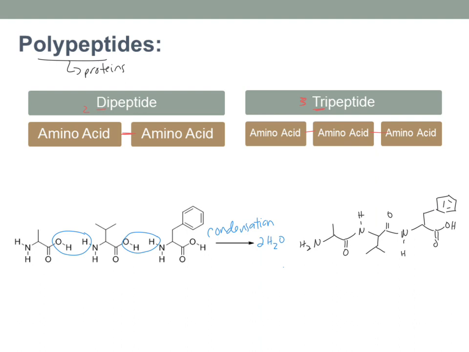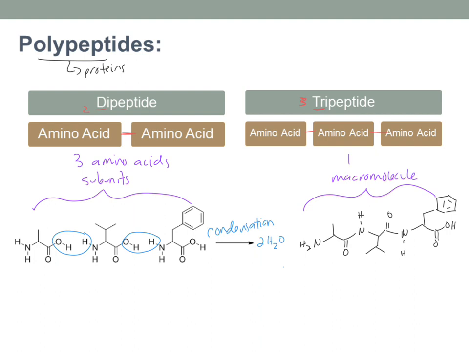All right, so I've drawn my tripeptide. I went from 3 amino acids, these were the subunits. So the subunits are 3 amino acids, and now I have my macromolecule, which is now one tripeptide.